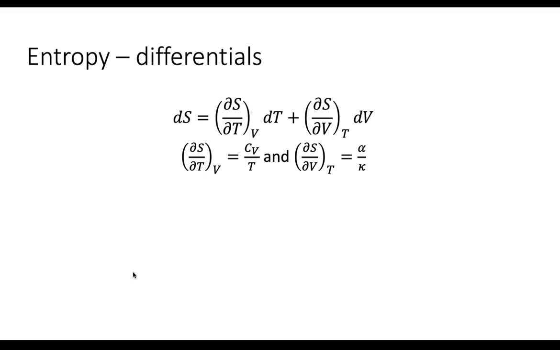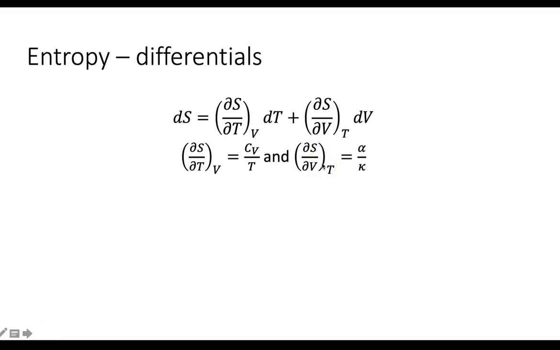Okay, so then let's expand. We've expanded U and H in terms of differentials. Let's expand S in terms of differentials. Entropy doesn't have natural variables, so it doesn't have to be expanded in terms of T and V. We can expand it in any ones we want. We can expand it in V and P. But right now we've expanded in terms of T and V, matching the internal energy. And so this partial derivative, CV over T, we've defined on the previous page. This partial derivative, if we determine it in terms of our mechanical properties, is this.